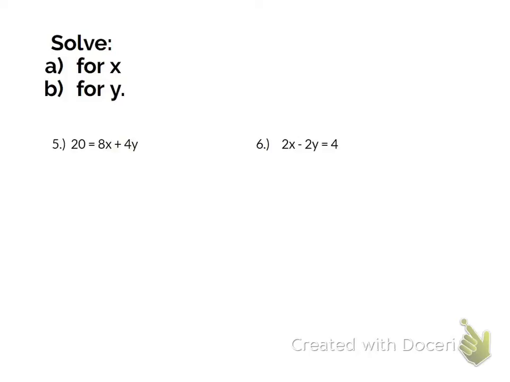Go ahead and get these copied down, and why don't you go ahead and start trying at least number 5 on your own. So if it helps, you could write the problem and then write 2 columns. One of them where you're going to solve for x, and the other where you're going to solve for y.